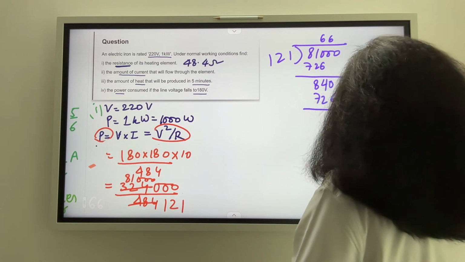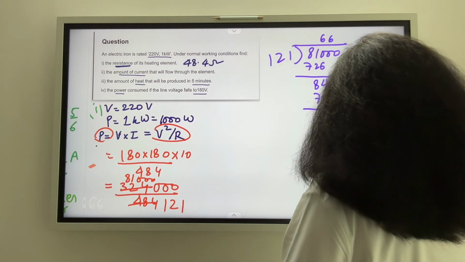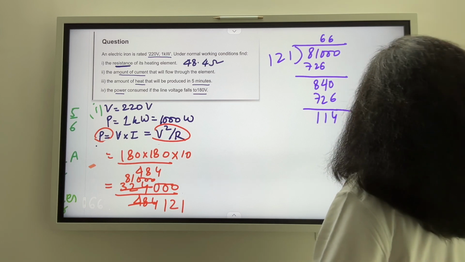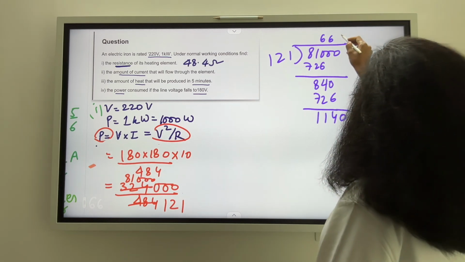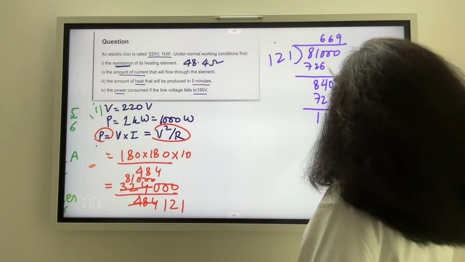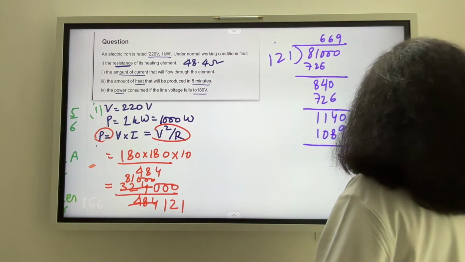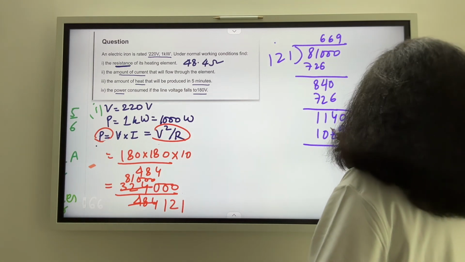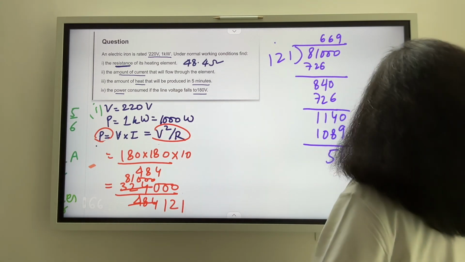726. 10 minus 6 is a 4. 3 minus 2 is a 1. 114. I have another 0 here. 9 was a 9, 9 2 is a 18. What is my remainder here? 8 and I got a 5.